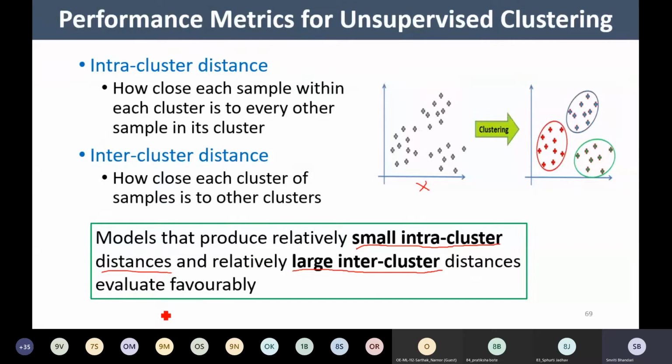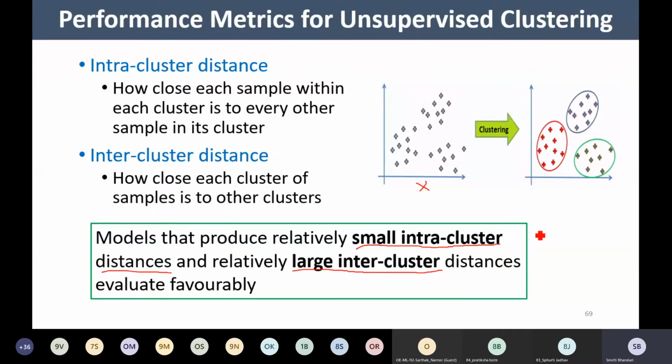I'll repeat: models producing small intra-cluster distances, meaning the distance between two samples in the same cluster is small, but the distance between two clusters is large, are preferred.